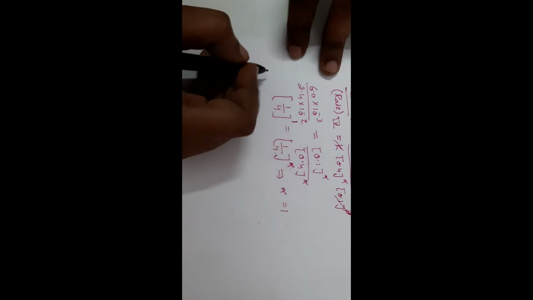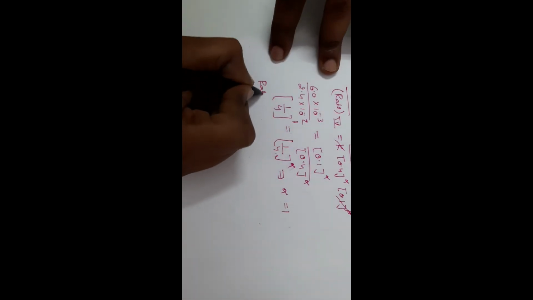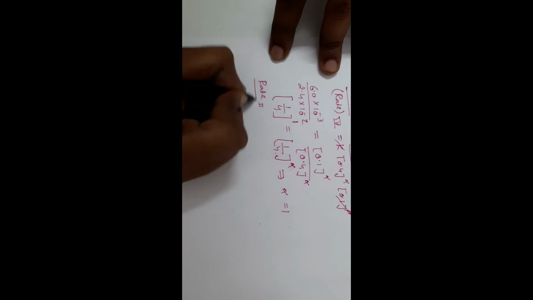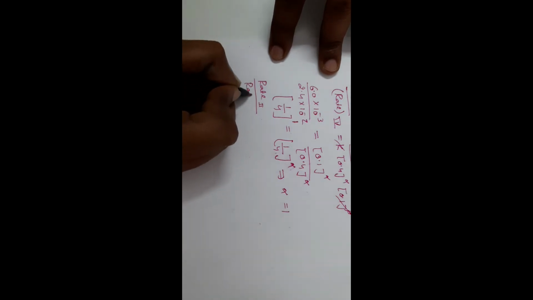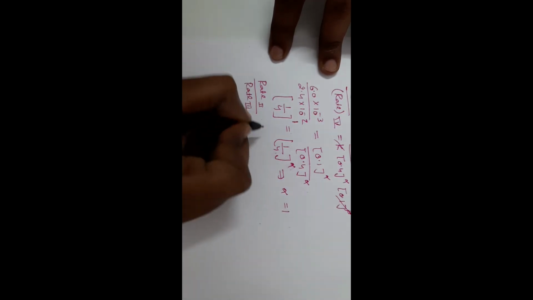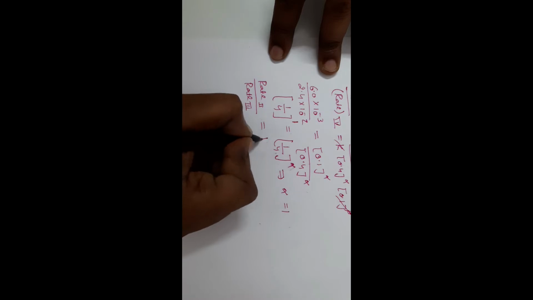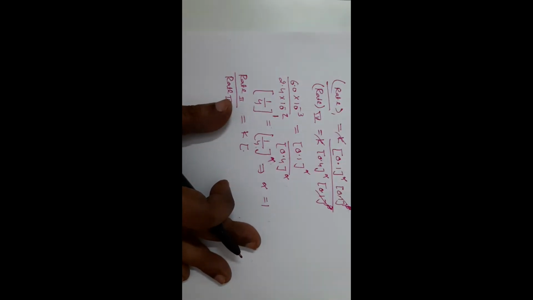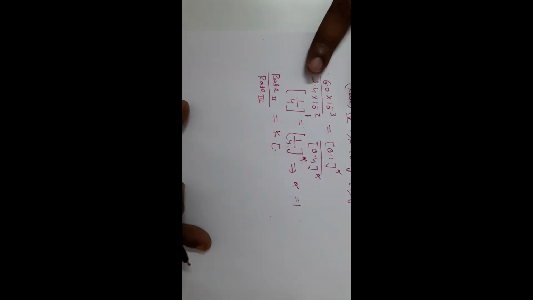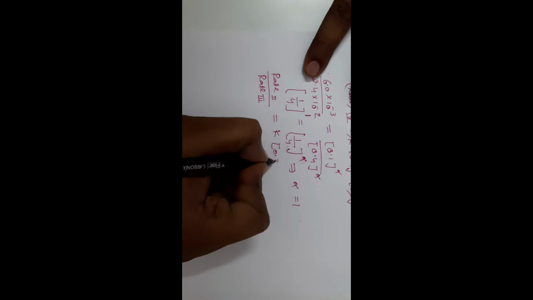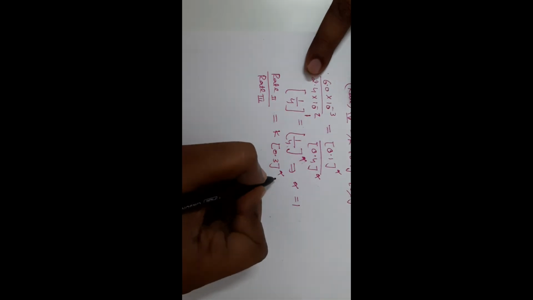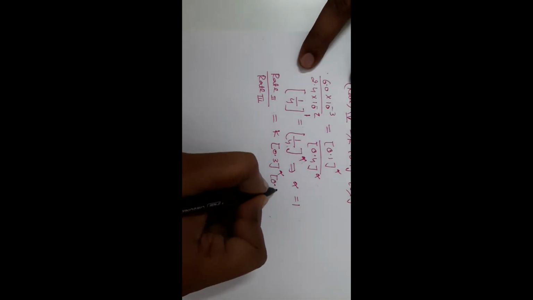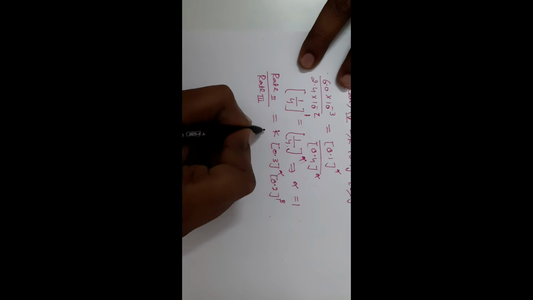I am writing rate 2 divided by rate 3 equal to k. Then value of A is 0.3 and value of B is 0.2, so 0.3 raised to power alpha, then 0.2 raised to power beta.